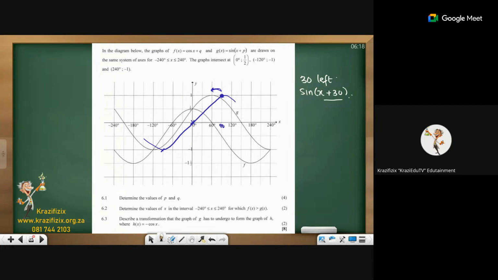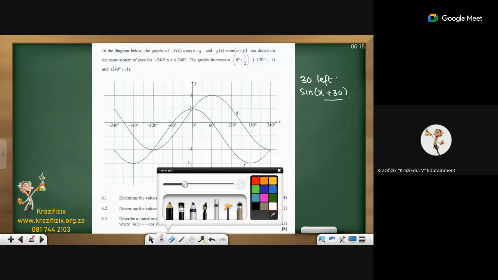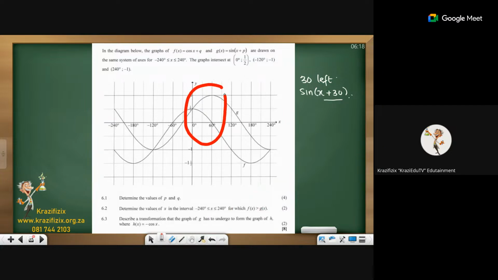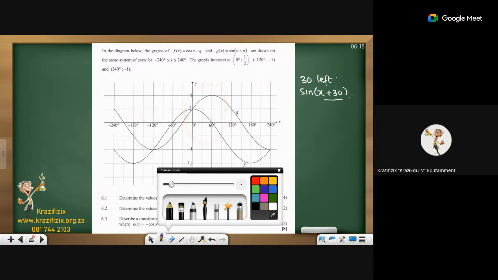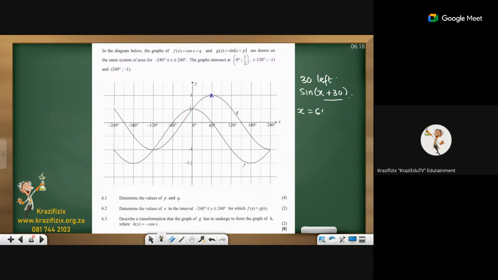But I want to give you another way of getting this answer, if you don't remember your mother graph. I am going to find a set of coordinates, always best. I know that point: x is equal to 60, y is equal to 1. I hope you agree. Take it back into the equation. y equals sine.